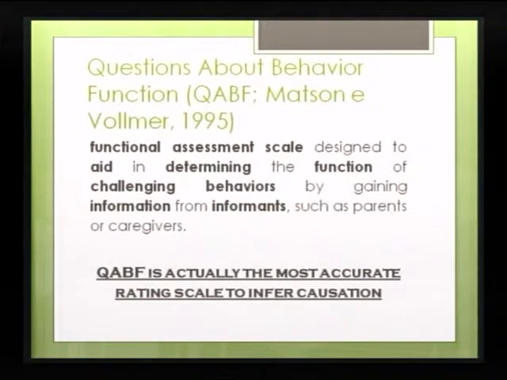This scale is designed to aid in determining the function of challenging behaviors by gaining information from informants, such as parents or caregivers.